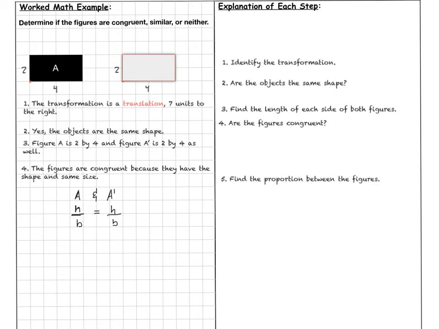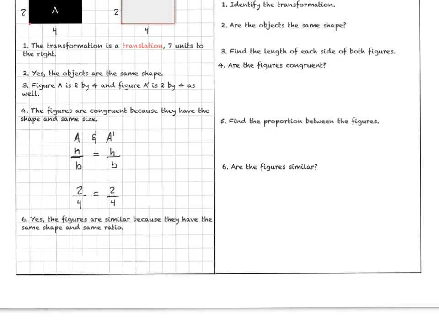We know that the height of A is 2 and the base is going to be 4, and for A prime it's going to be 2 over 4. Both of the fractions have the same value. They're equivalent fractions. That means that they're going to be similar. So even though it was mentioned before that they were similar, now we know why. Because they have the same shape and they also have the same ratio.